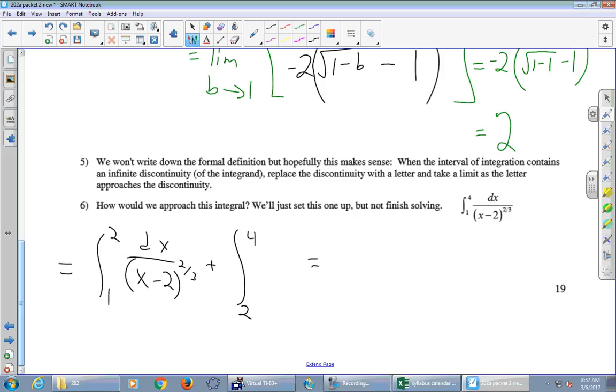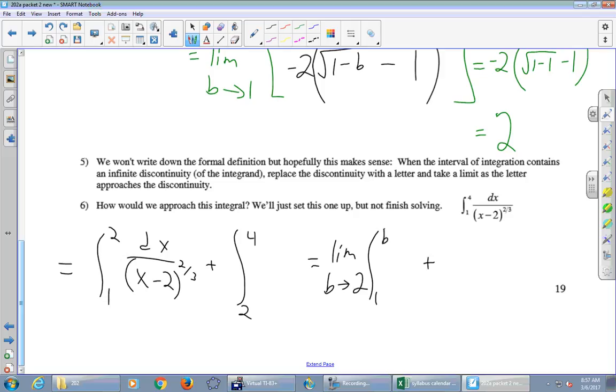So I split it up. We know that we can just split the integral anywhere and just add up the 2 pieces. 1 to 4 is really the same as 1 to 2 plus 2 to 4. And then in the first one, we're replacing the 2 with maybe a b, and we'll take a limit as b goes to 2.